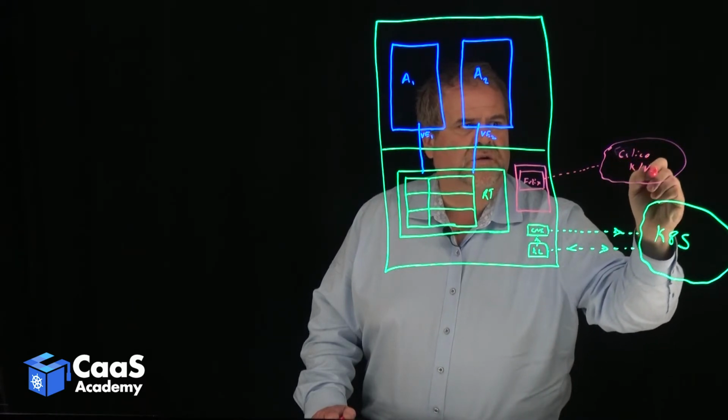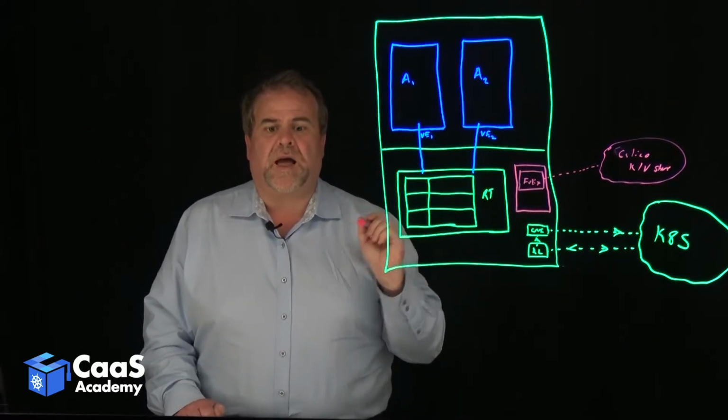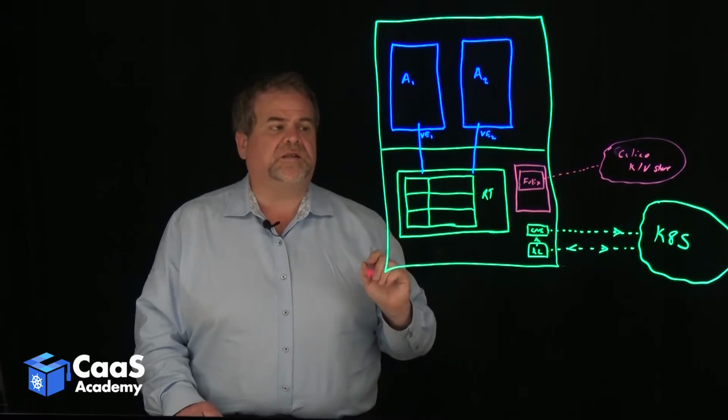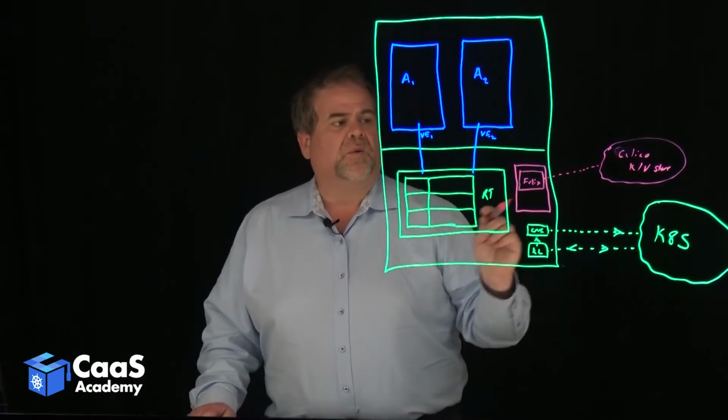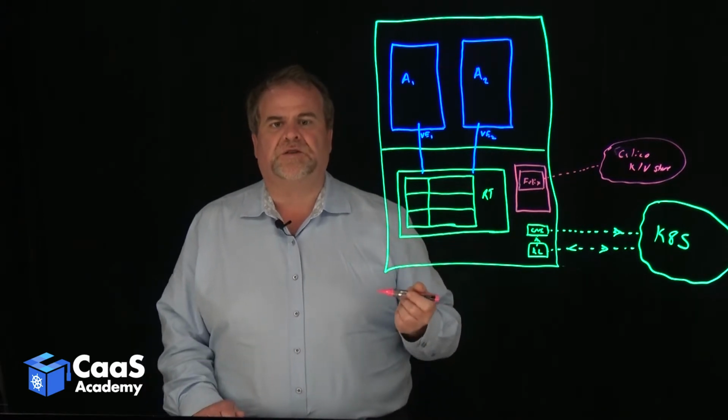key value store. Now that might be an actual standalone store. More likely today, as most people are deploying this, the Calico key value store is actually using the Kubernetes API server as the store.